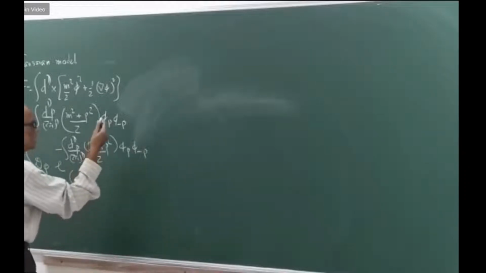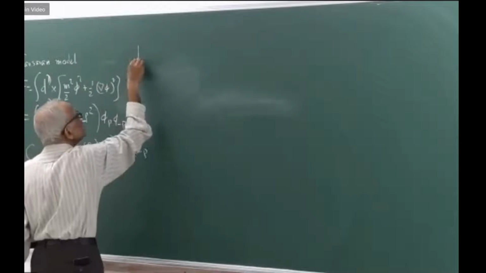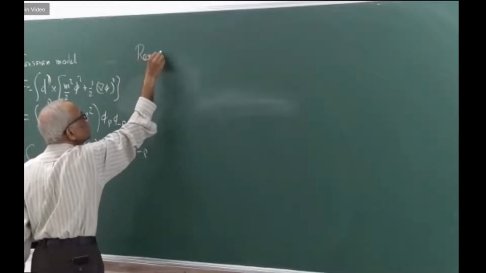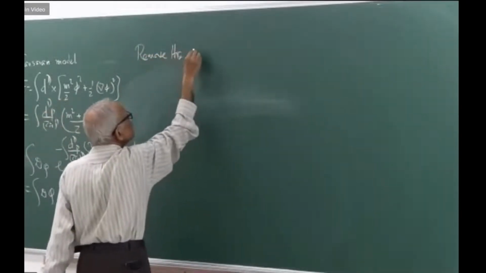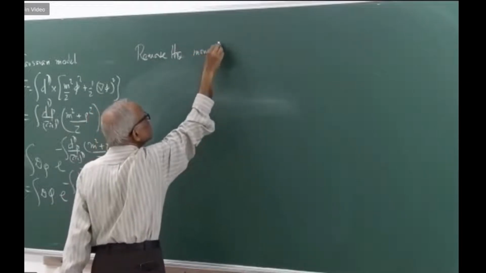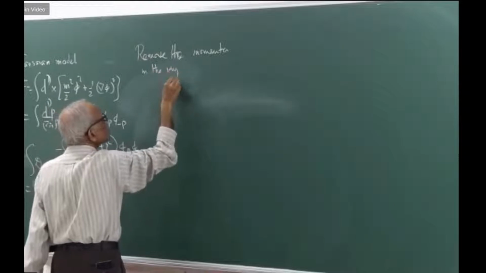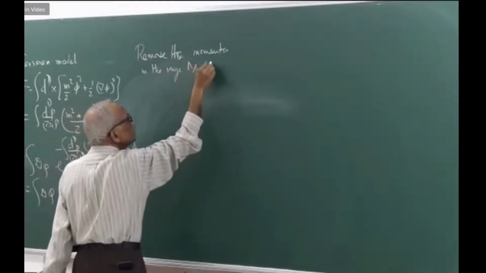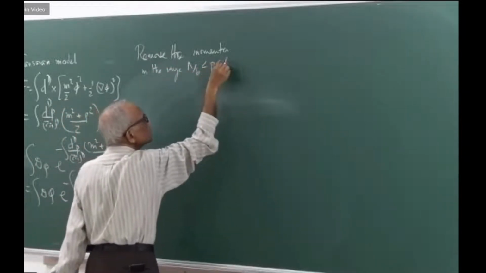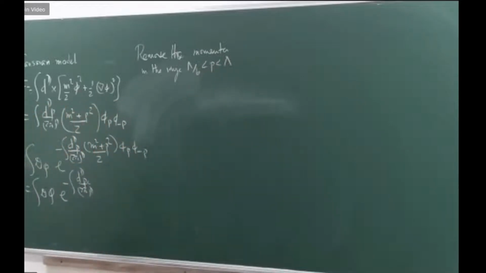p less than, so I'm going to remove the momenta in the range lambda over b less than p less than lambda. So the integrals in momentum space go up to a cutoff lambda, which is arbitrarily high.